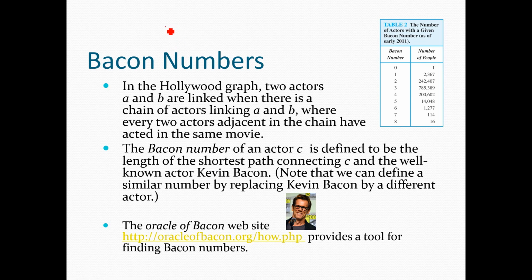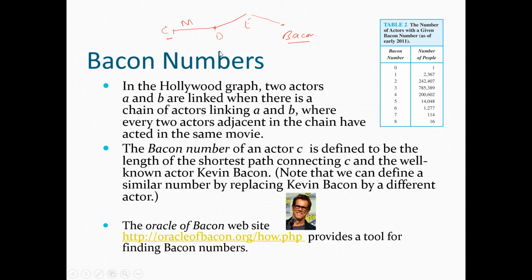Again we can define a connection. We can start with any actor C, and this actor C is connected with the actor D if C and D work together in a film. So this edge is actually a movie in which they acted together. Similarly, if there is an actor E, and ultimately E has worked with Bacon, then this is a path of length 4 between C and Bacon. So the Bacon number is 4.